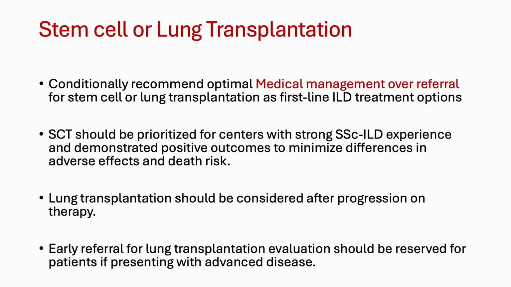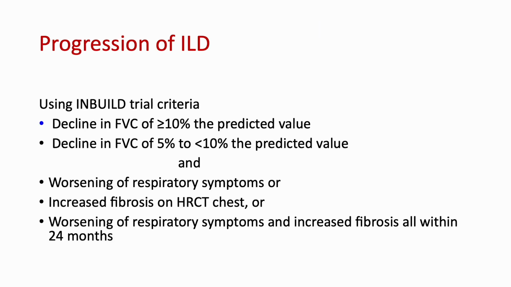Regarding stem cell or lung transplant, they recommend we should first do medical management and then only consider stem cell or lung transplant as the first line option. Also, that has to be considered only in those centers who have a strong experience to assess the ILD and positive outcomes.